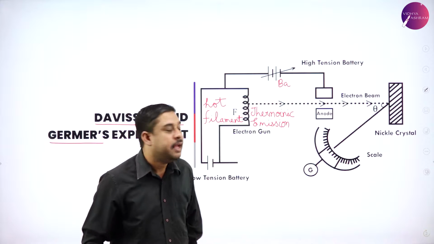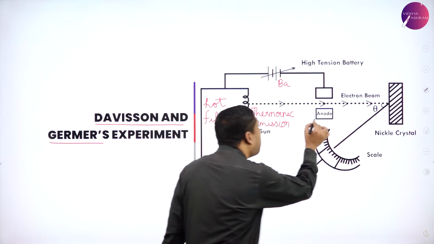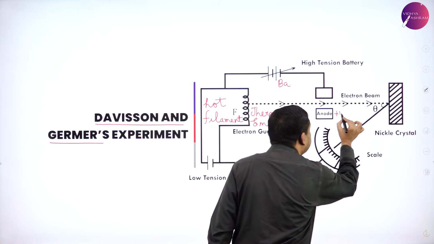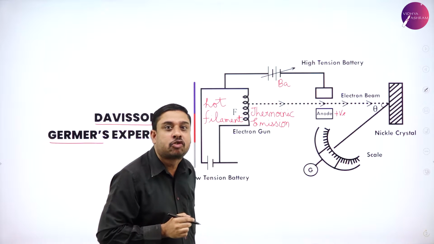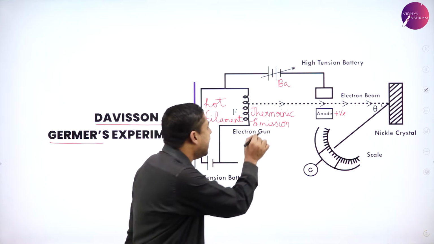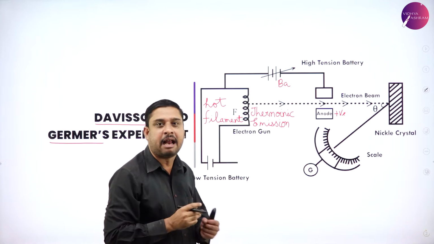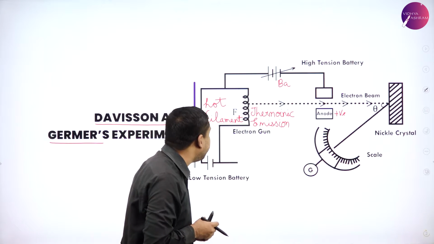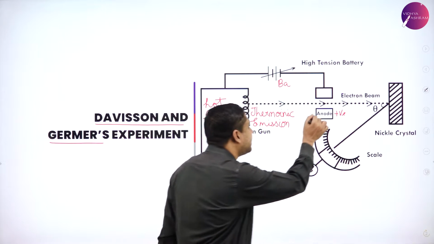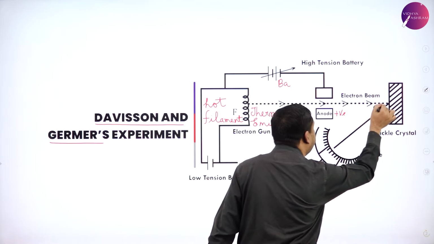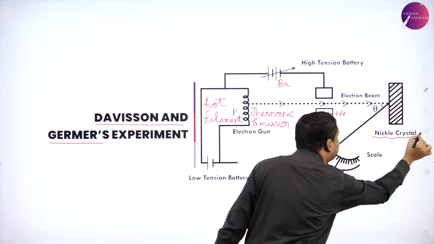Here I am applying positive potential and then make the electrons move in a straight path. Technically, we call it a collimated path. And this electron beam strikes a nickel crystal.